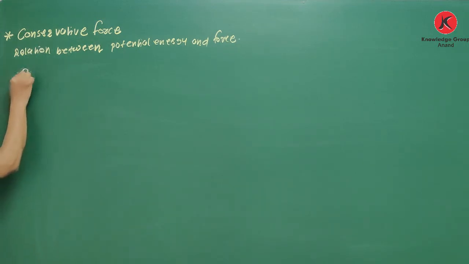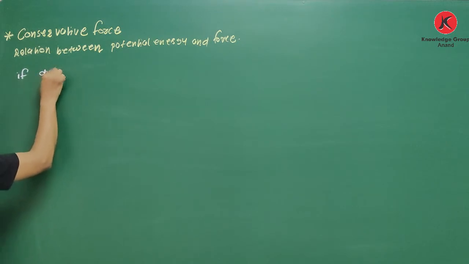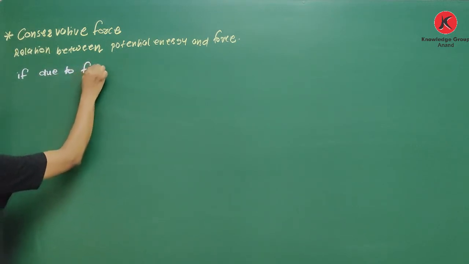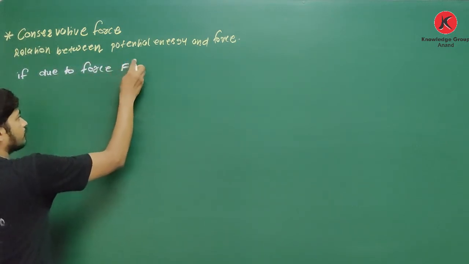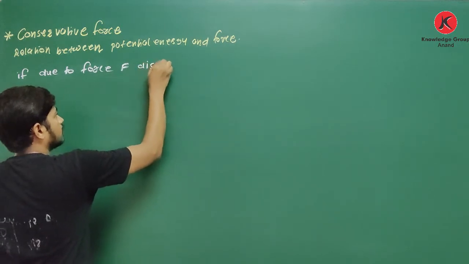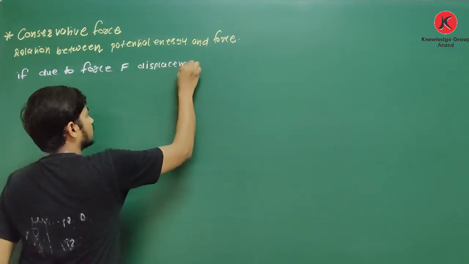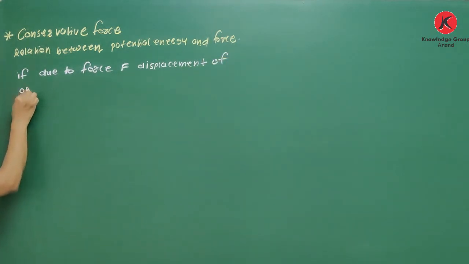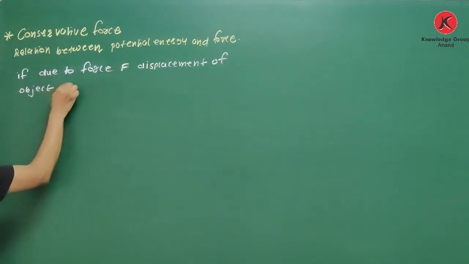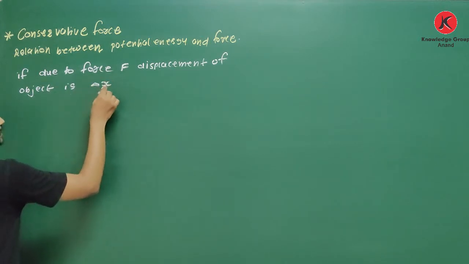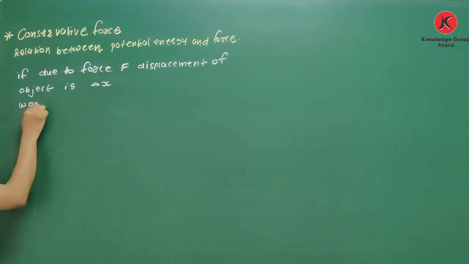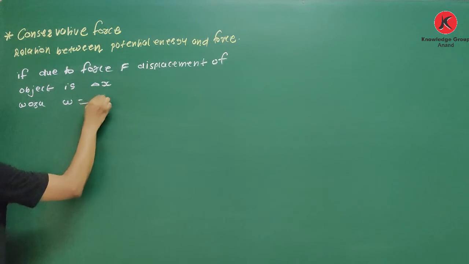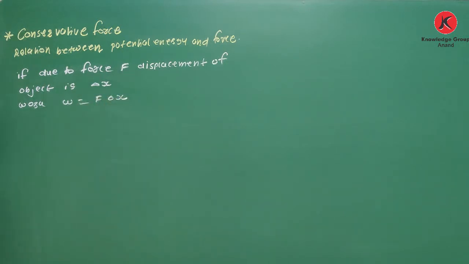If due to force F the displacement of the object is delta x, then we know that work W is equal to F delta x. Yes or no? We also know the work energy theorem.